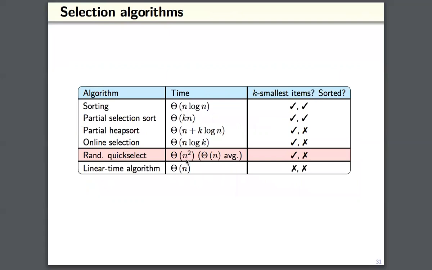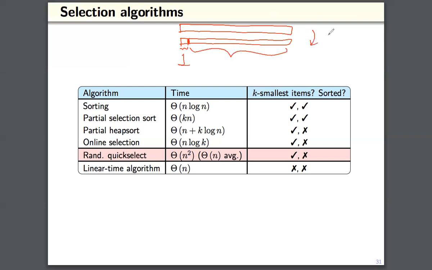N squared, right? Worst case is N squared because the element you select for partitioning can be like this. After partition, you divide it into only two parts, where the first part is just one element. So this took linear time, theta of n for partitioning, and you recursively call the quick select on this.